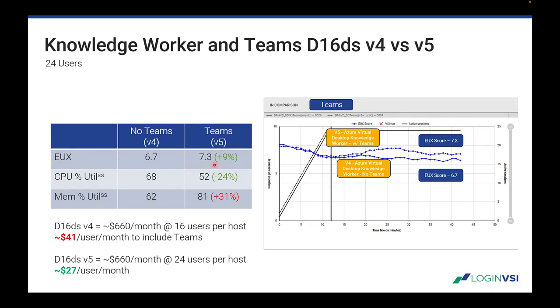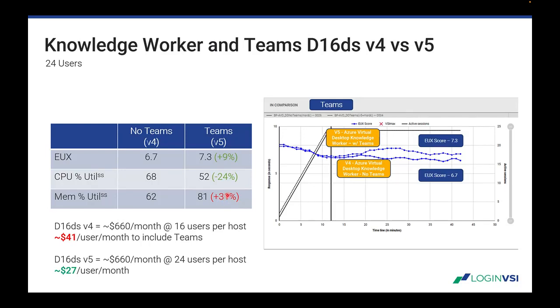About a 9% performance improvement from an end user experience perspective. CPU, when we looked at that during steady state, that's what SS means, we can see that the CPU utilization was down. That's great. That means there might be more overhead for more users to put on the system, which has a good correlation to cost. And memory utilization still increased because we're running Teams here.